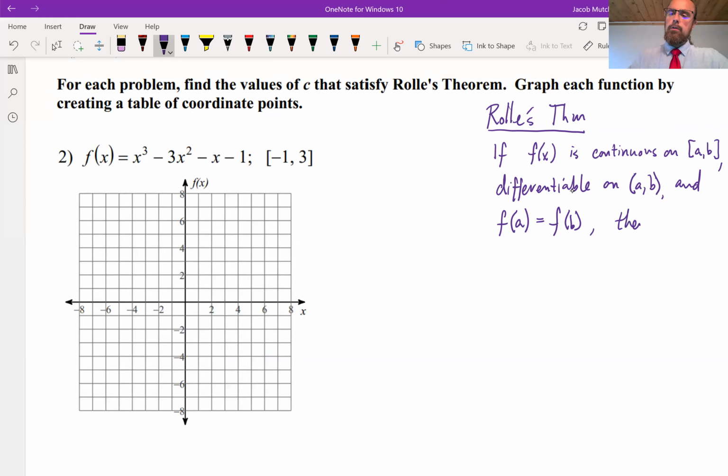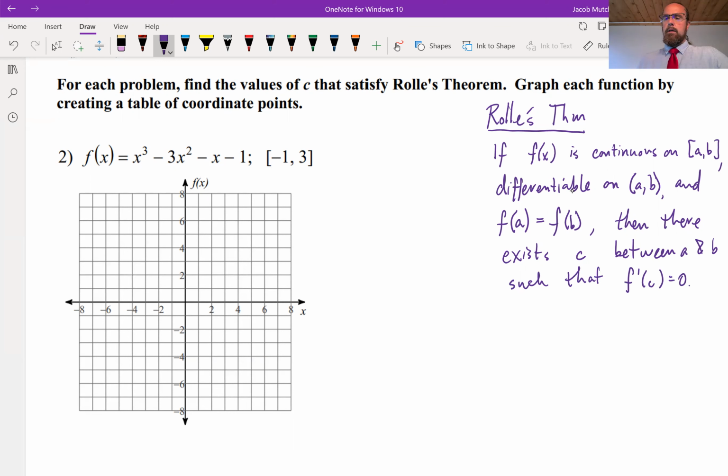So here's our conclusion: there exists a number c, c between a and b, such that the derivative evaluated at c equals 0.